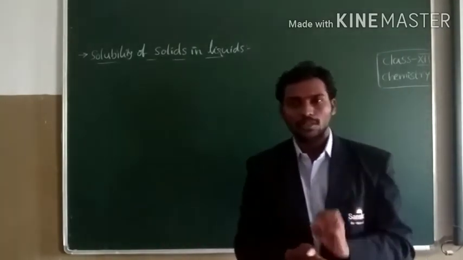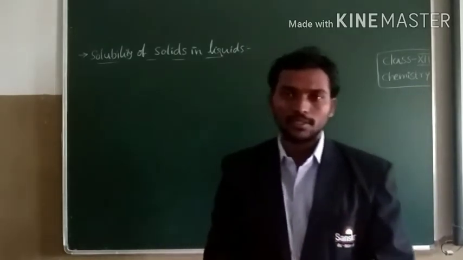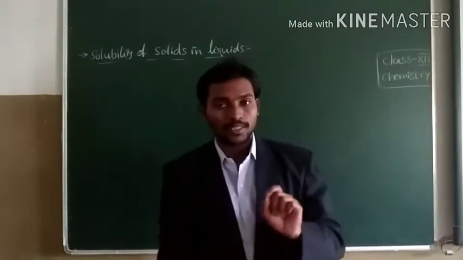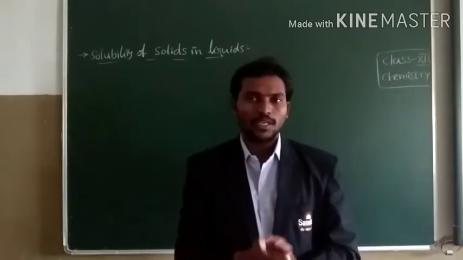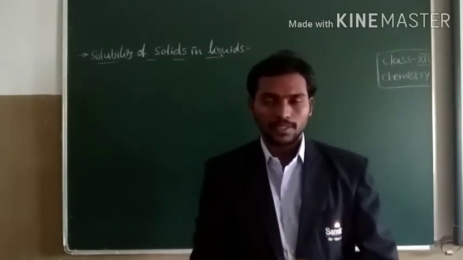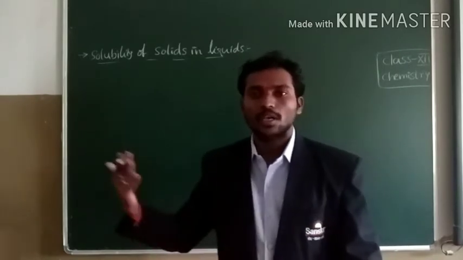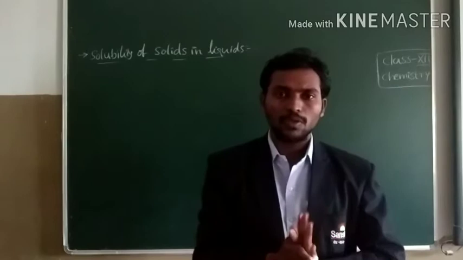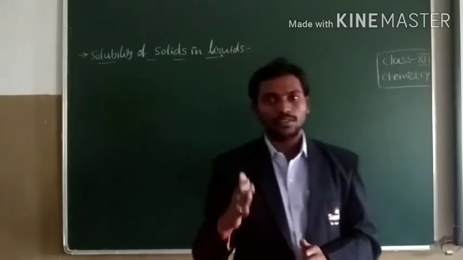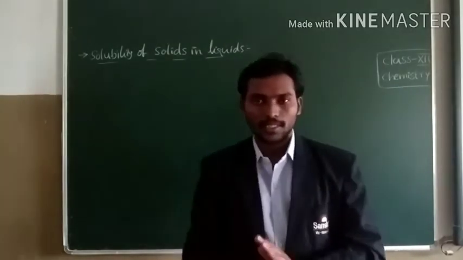For example, the solubility of common salt is 36 grams. So 36 grams of common salt can be dissolved in 100 grams of water at 25 degrees Celsius, that is room temperature. That is known as solubility of common salt. It can be defined as the maximum amount of solute that can be dissolved in a given solvent at a certain temperature.